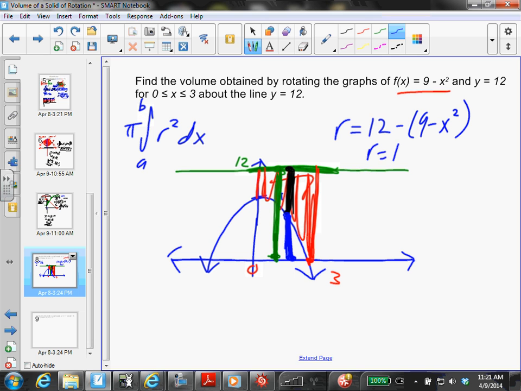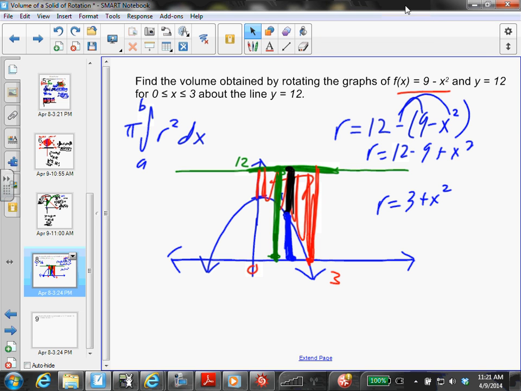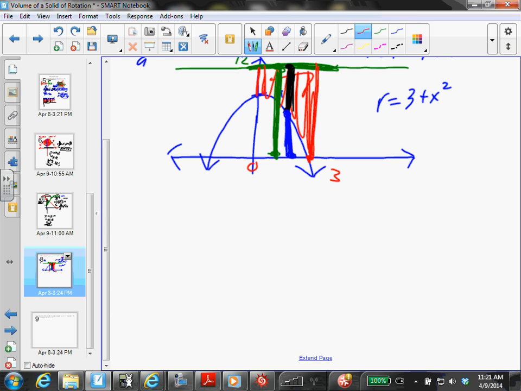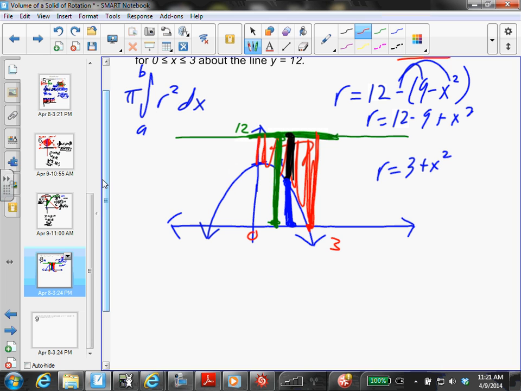So our radius will be 12 minus 9 plus x squared, if I just distribute this negative right here, okay, so minus 9 plus x squared. And so the radius will be equal to 12 minus 9 is 3 plus x squared. So when I go to my formula here for the disk method, I'll get the integral.